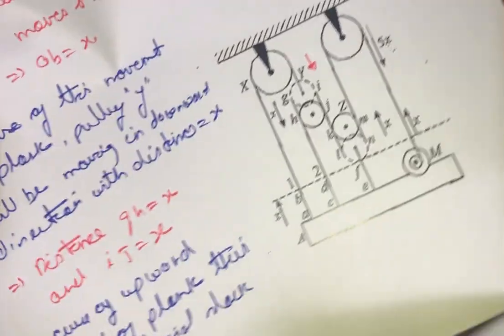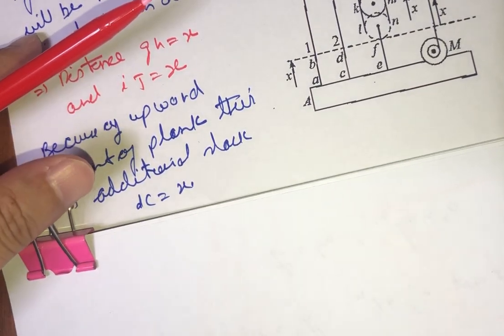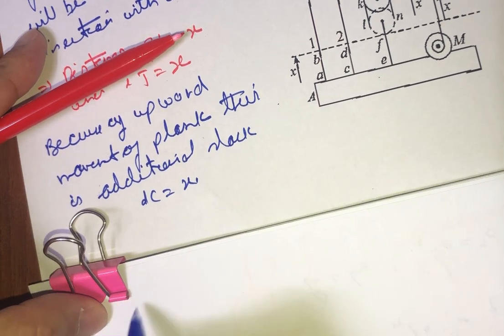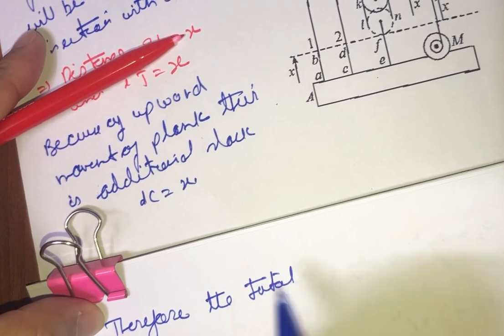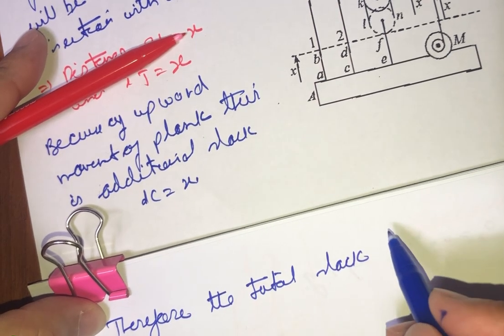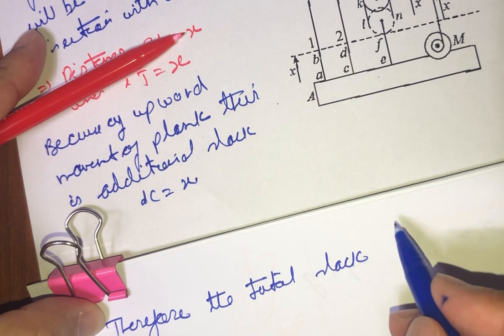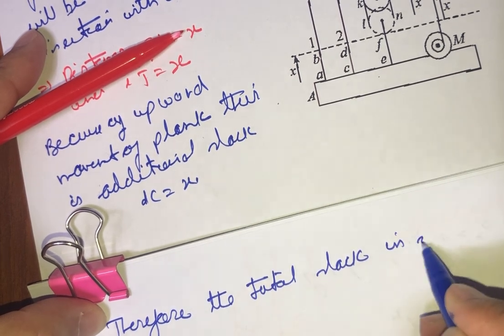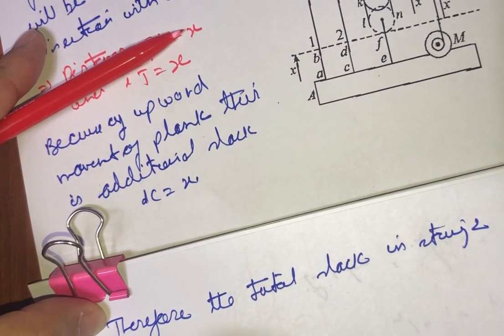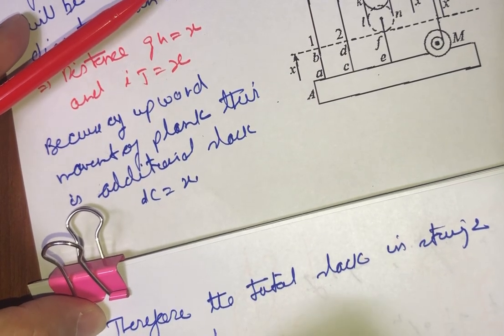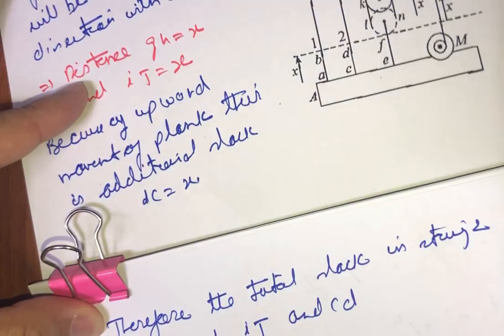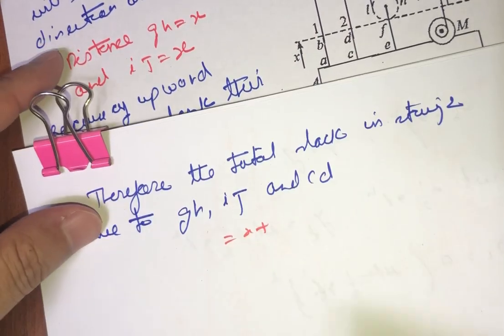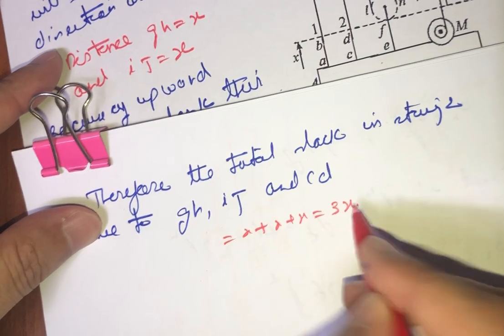So we can say that the total slack in string 2 due to GH, IJ and CD will be equal to x plus x plus x, that will be equal to 3x.